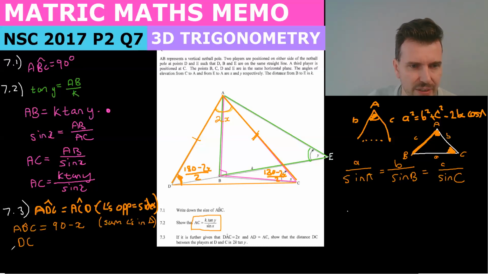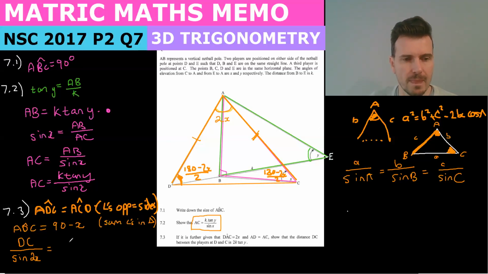So DC over sine 2x is equal to, and then the other one I'm going to use is the one that I know. So AC over sine D.